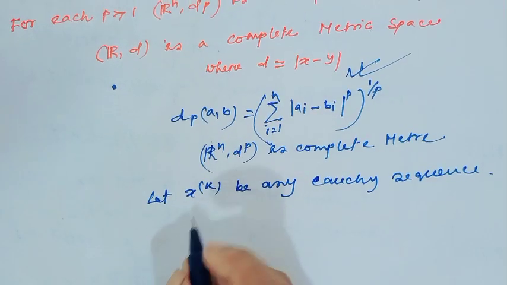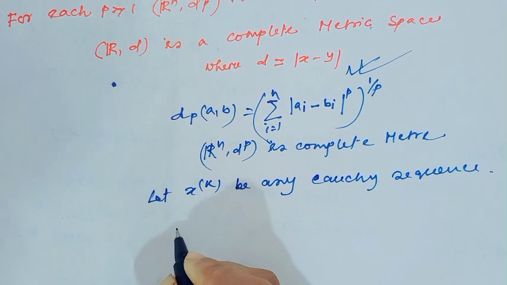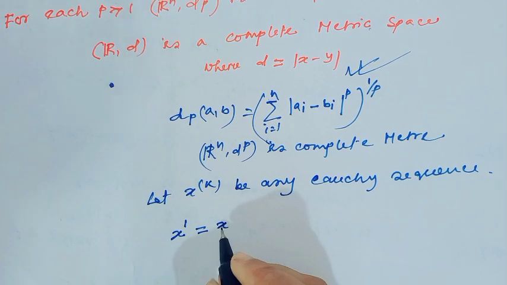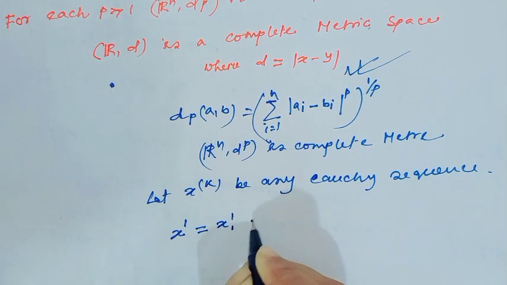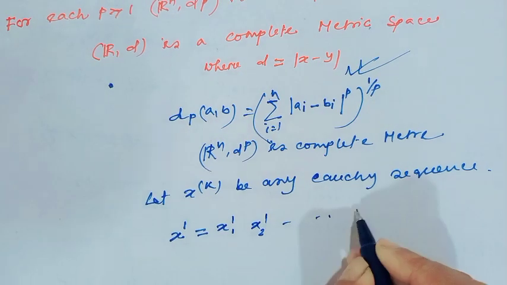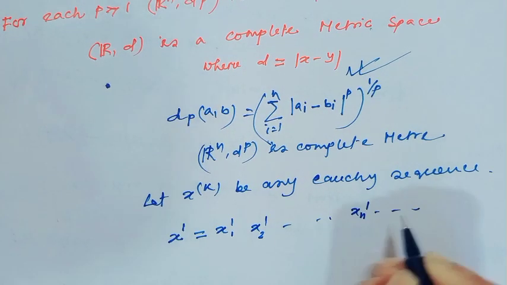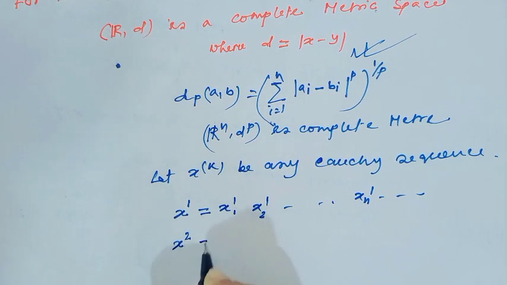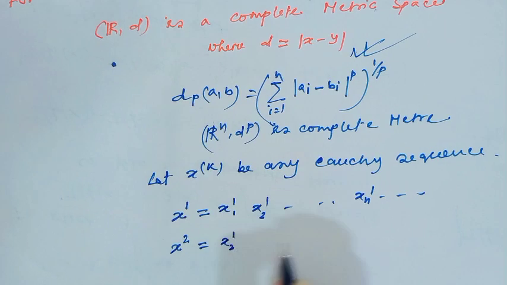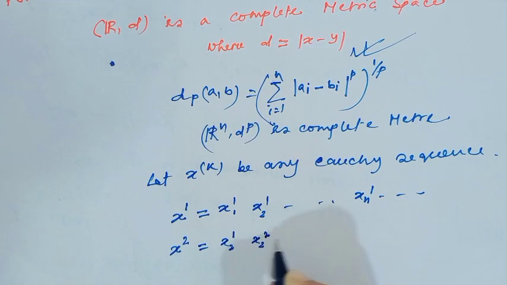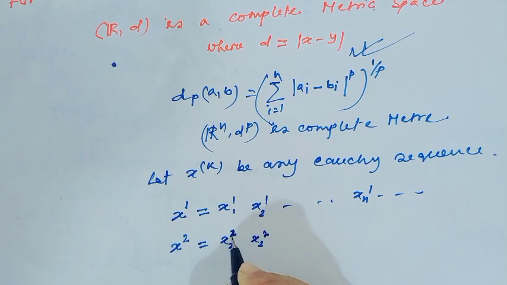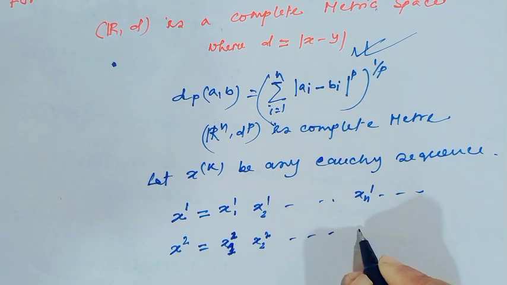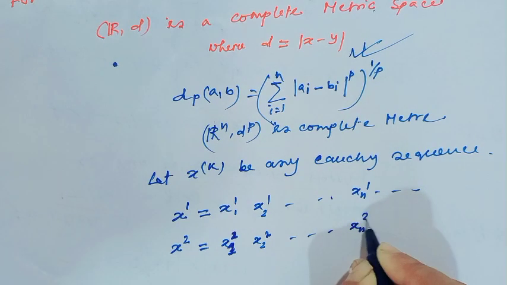And here xk means in R^n, x1 equals (x1^1, x2^1, up to xn^1), and so on. x2 equals (x1^2, x2^2, up to xn^2), and so on.